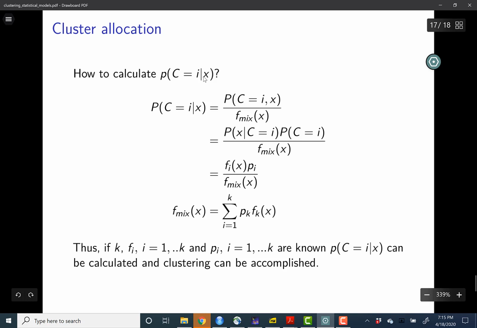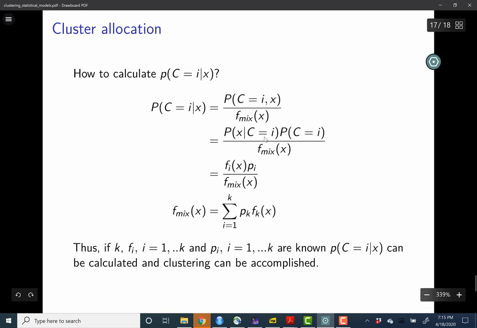mathematical concepts. So the probability that C is equal to i given X. This is the conditional probability, and it can be written as the joint probability divided by the probability of X. But we know that X has this mixture distribution, right? You've already calculated that. So the joint probability in the numerator, using the multiplicative rule, can be split this way: probability that X is in the ith cluster, that is X given C equals i, times the probability C equals i.